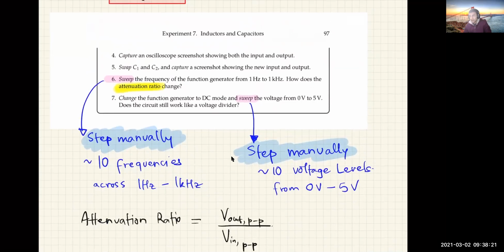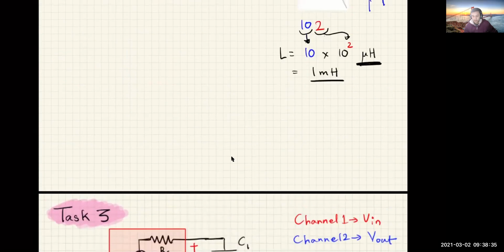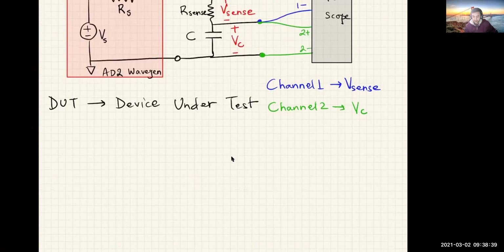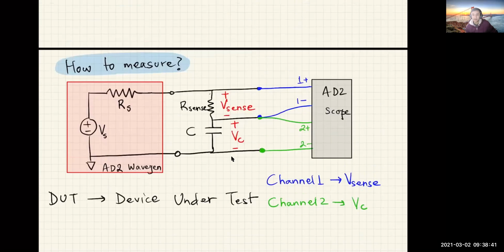Folks who don't have an 82 yet, you're still going to do the LT-SPICE version of the lab, but it is exactly the same as the 82 version of the lab. The only thing I would say is on LT-SPICE, it's very easy to measure the current through any component, right?